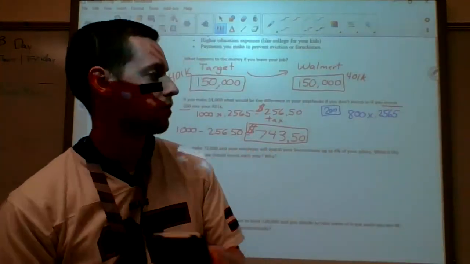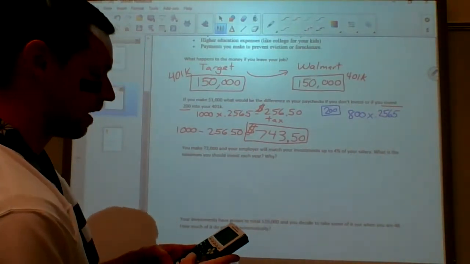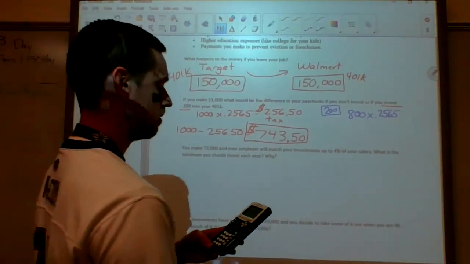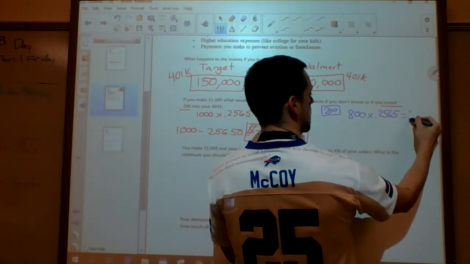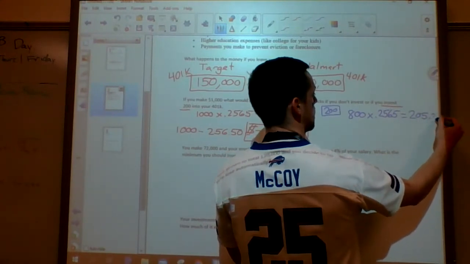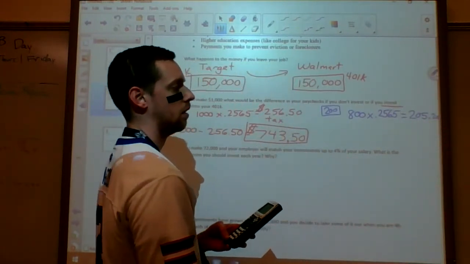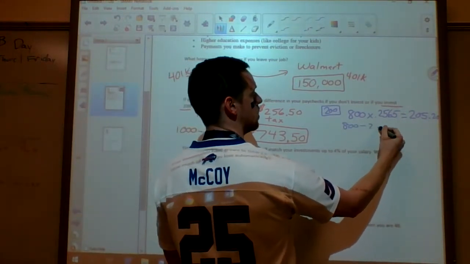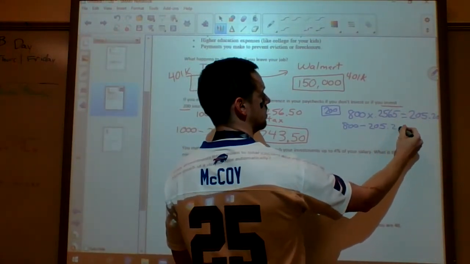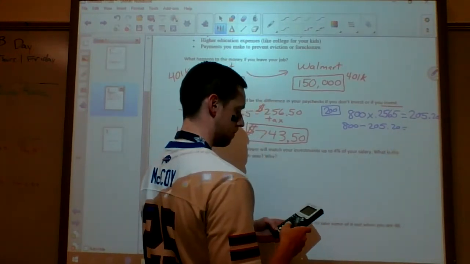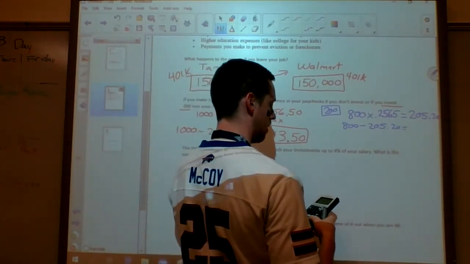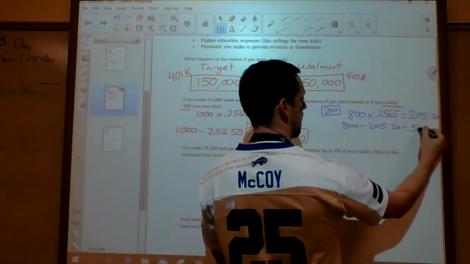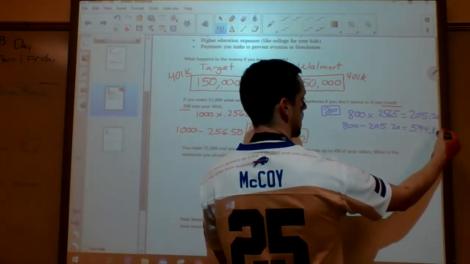So if I do 800 times 0.2565, the government's going to take away $205.20. If I do 800 minus 205.20, I'm left with $594.80.